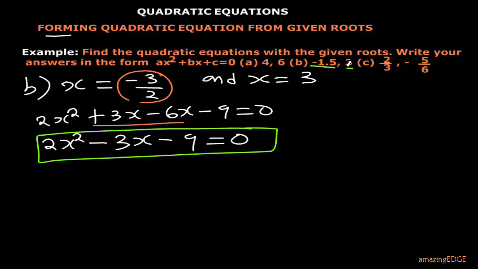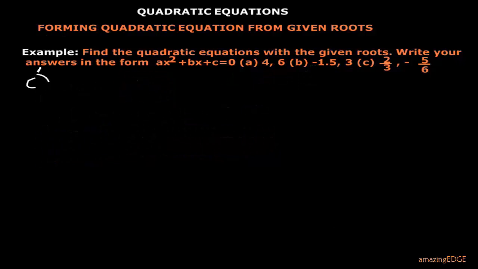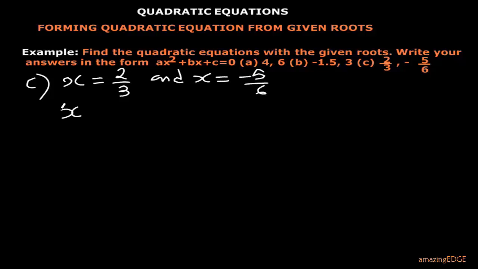So we finally look at the C part of the same question. For C, we have x to be 2 over 3, and another x to be minus 5 over 6. So we can write this as x minus 2 over 3.